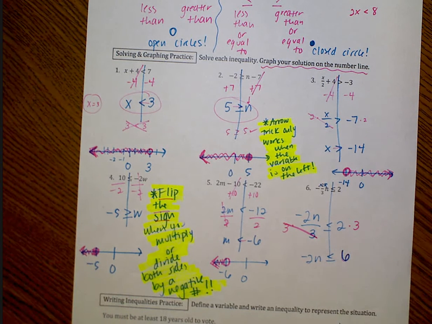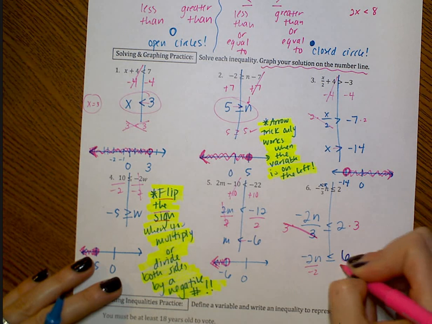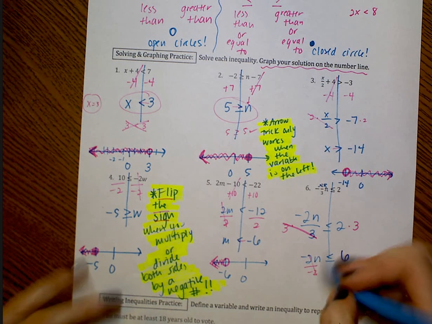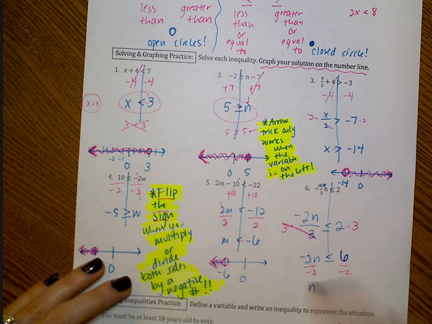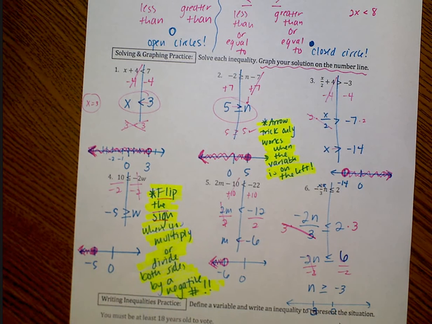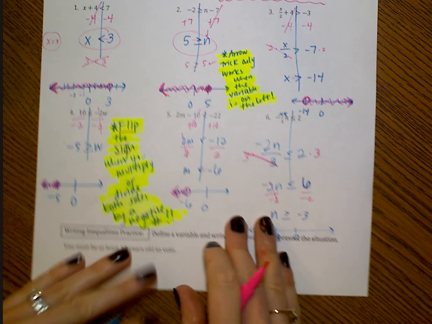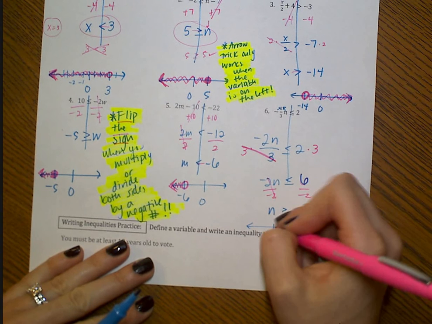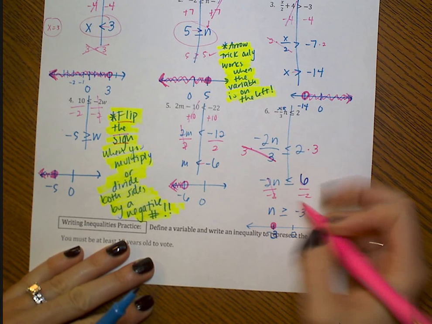And then I'm going to divide by -2. Okay, a little red flag should go off in your mind. We divided both sides by -2, so I have to flip the sign. Be careful. It's a greater than or equal to now. This one's going to be a closed circle. The variable's on the left, so I'm going to shade right.